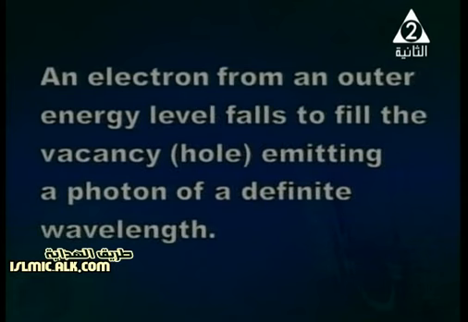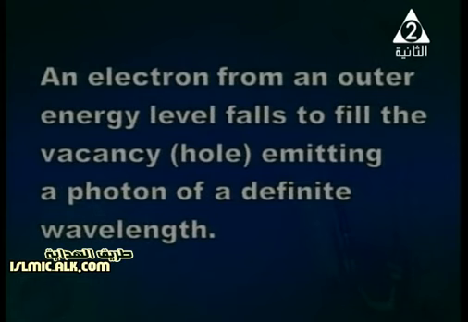An electron from an outer energy level relaxes, falls to fill the vacancy, the hole, emitting a photon of a definite wavelength. That's why it is characteristic to the material of the target.